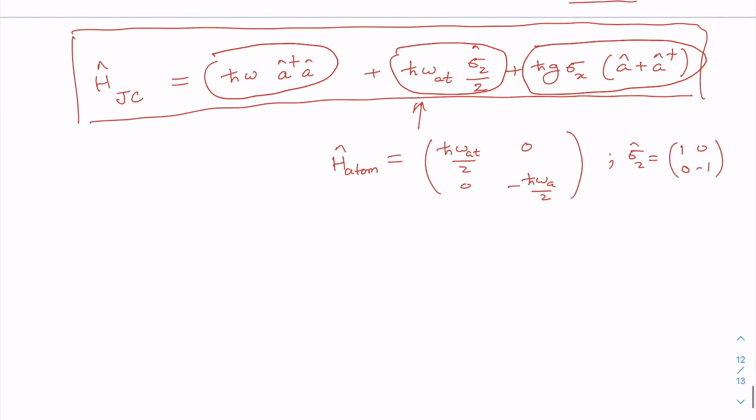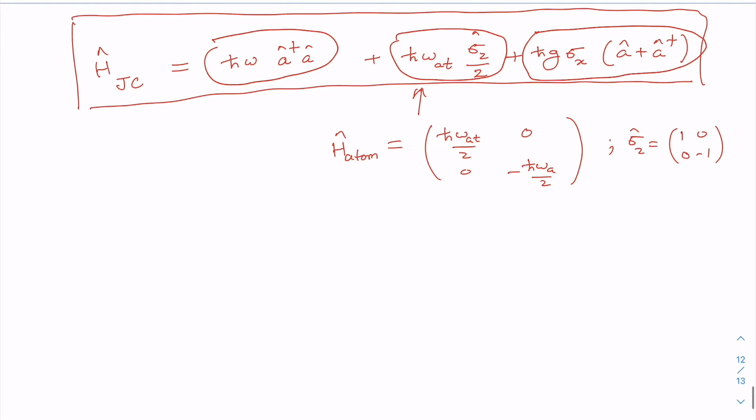And in our case, we have a situation like this, where we have our transmission line resonator, and in the resonator we have a field mode like this, and this field mode is interacting with the Cooper pair box or any artificial two-level system.